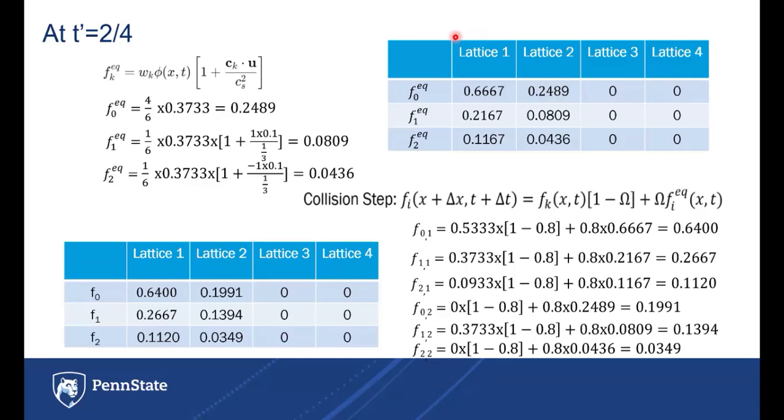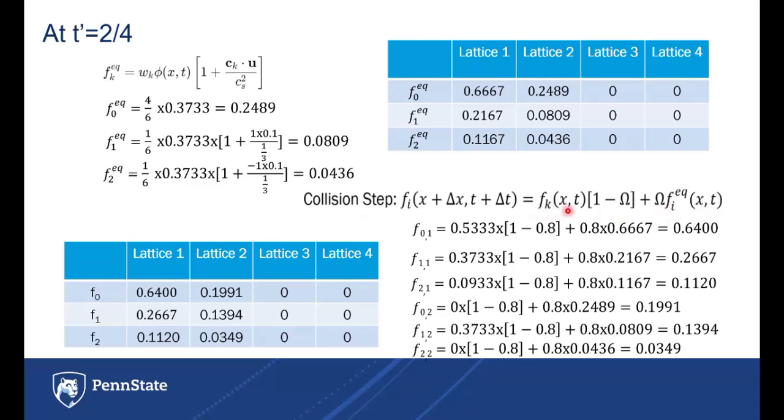And what we need to notice is that we also need to recalculate the lattice 1, because the phi for lattice 1 has already reduced. And then we need to perform the collision step according to this equation.